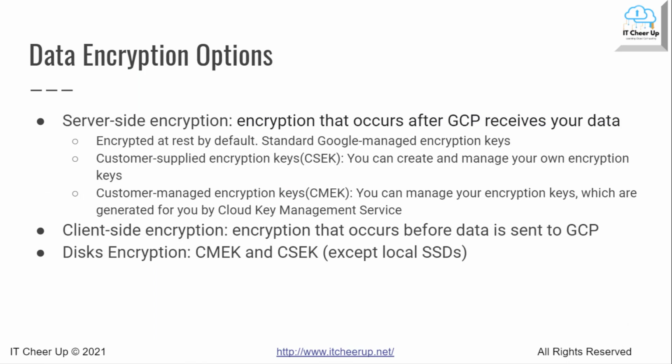With CMEK, you can manage your encryption keys, which are generated for you by Cloud KMS. Keep the keys in the cloud for direct use by the cloud services. You can create, rotate, automatically rotate, and destroy symmetric encryption keys. The other encryption is client-side encryption. You encrypt the data on premises or in your own application before it is sent to GCP and decrypt it after it has been retrieved.